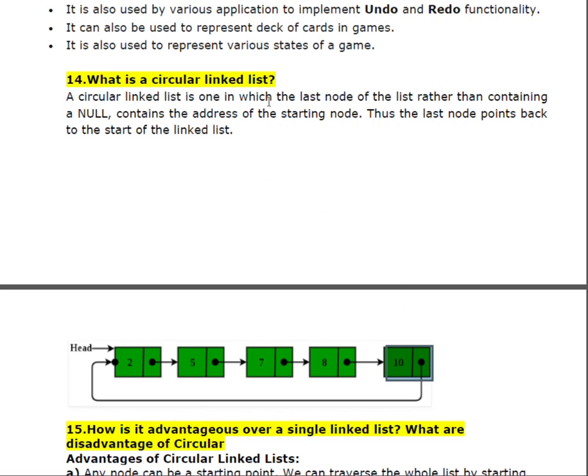In a circular linked list, the last node of the list, rather than containing a null, contains the address of the starting node. Last node does not contain any null value. It contains the address of the head pointer of the first node of the linked list. Thus, the last node points back to the start node of the linked list.